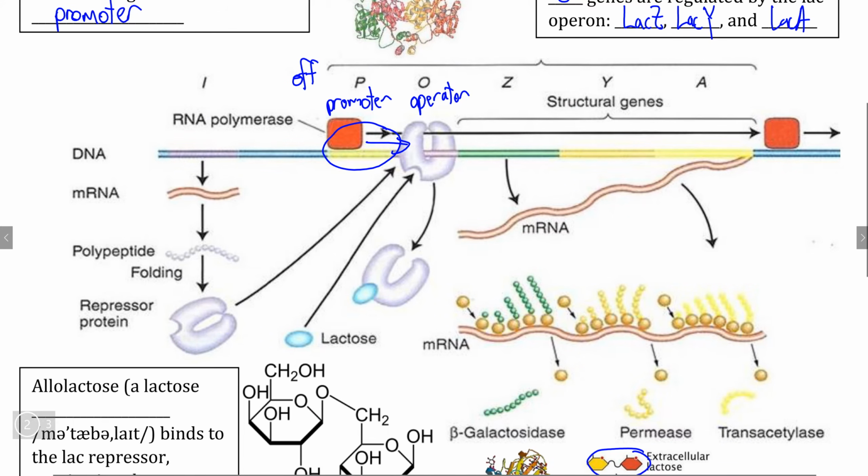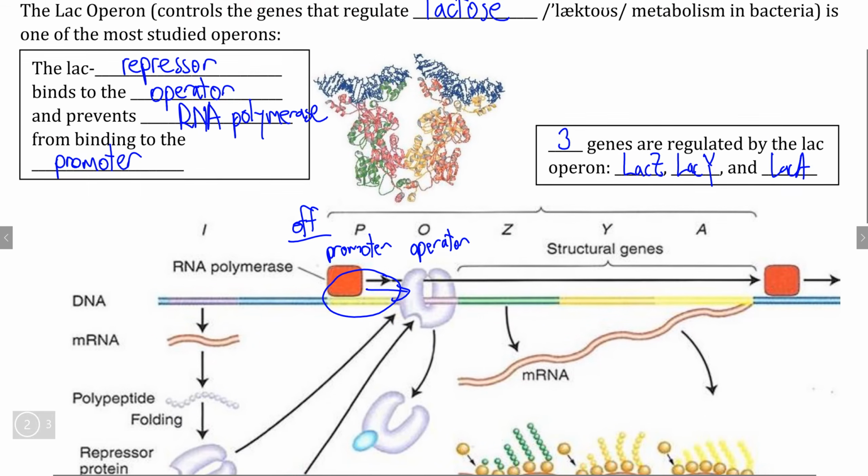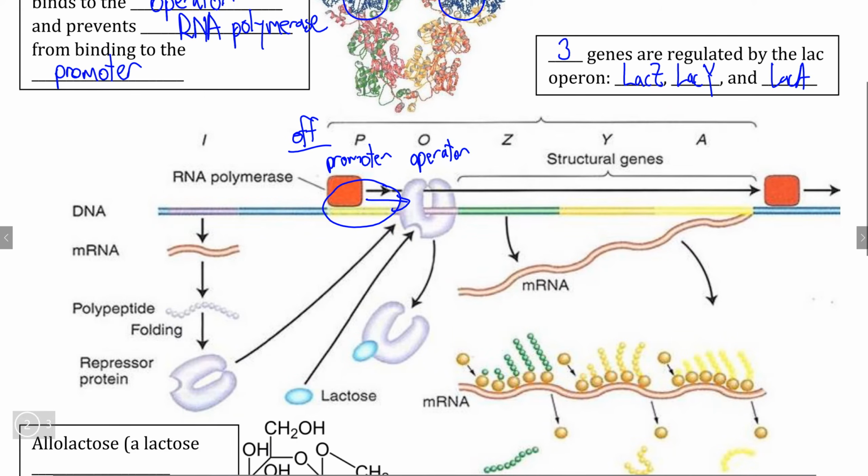So here we can see that the default position of the operator is in the off position, because as long as the Lac repressor is being produced, its active site has a conformation that allows it to bind to the DNA of the operator, thereby stopping the promoter from reaching the beginning of the genomic section.